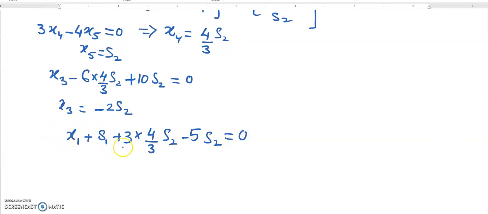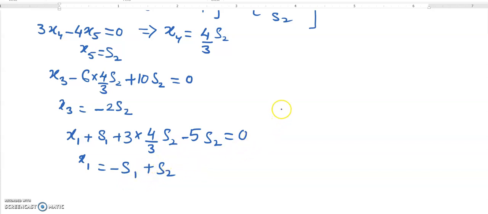So this is the first equation. So x1 will be now minus s1, okay, and then plus s2, minus s1 plus, because it will be minus 5s2 plus 4, it will be minus s2, and then when it goes to the other side, it will be plus s2.